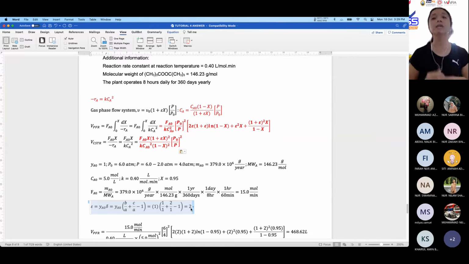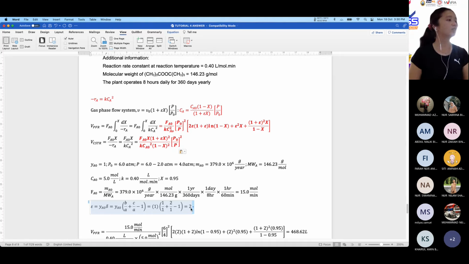What is YA naught? Initial mole fraction of A, which is 1 because it says pure A. Sometimes you see the sentence pure A, but the understanding in calculation is that YA naught is 100%, or in fraction, YA naught is 1. Okay.